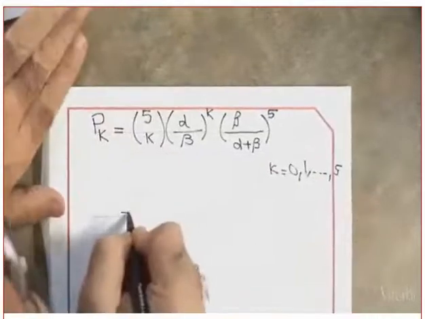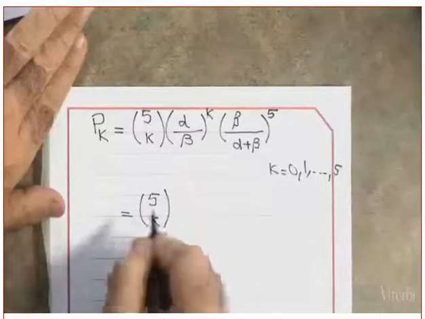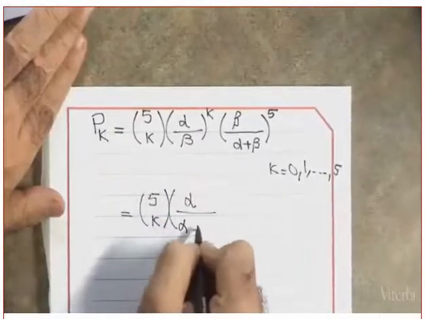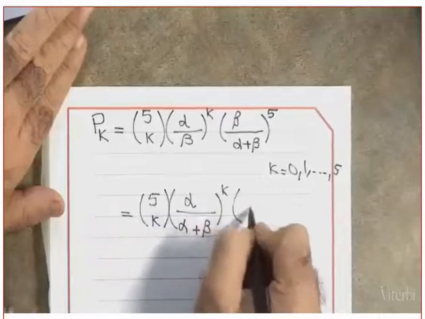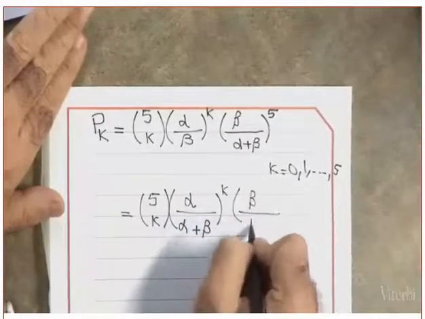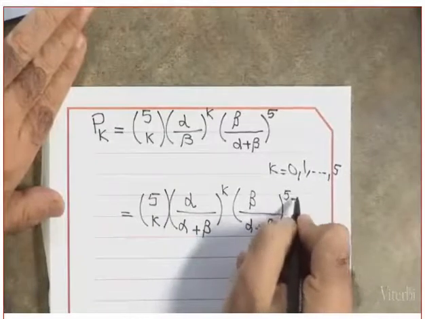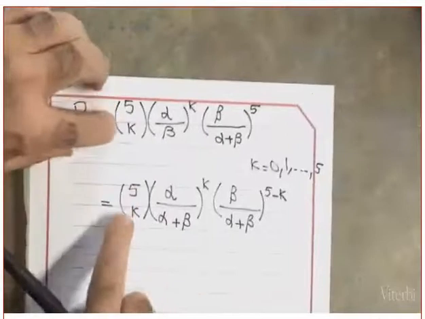Now I can rewrite this as 5 choose K, alpha over alpha plus beta to the K, same idea, beta over alpha plus beta to the 5 minus K. Is this the same as this? Let's see. 5 choose K is this.